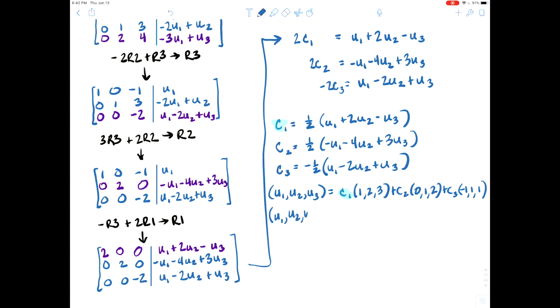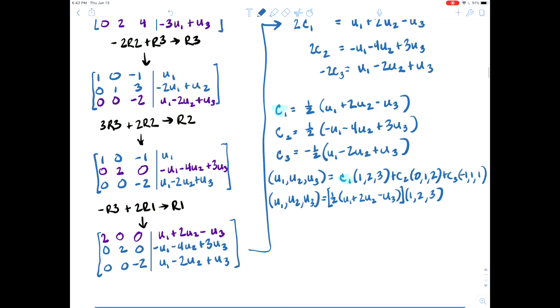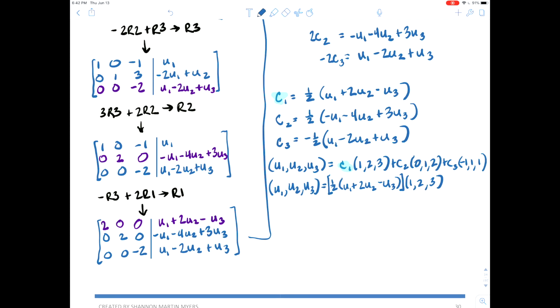U1, U2, U3 will be equal to this times the vector 1, 2, 3, and then I'll just do this kind of vertically. I'll do each vector in a separate line. And then we'll have plus C2, which is 1/2 negative U1 minus 4U2 plus 3U3.